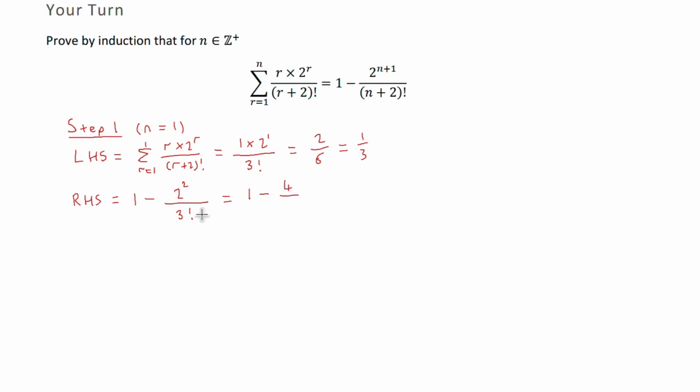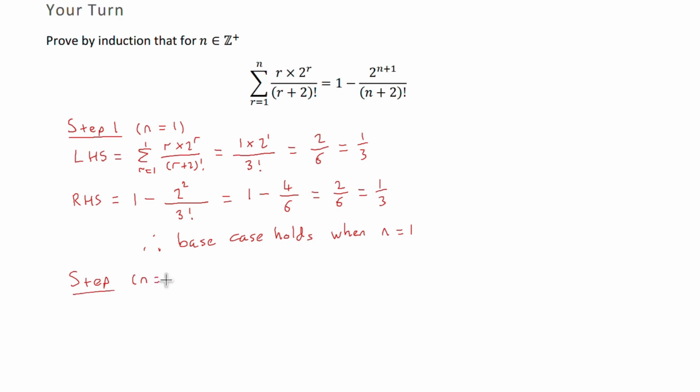So 1 minus 4 over 3 factorial, which is 6. So 1 minus 4/6, which is equal to 2/6, which is equal to 1/3. So the base case holds when n is equal to 1.